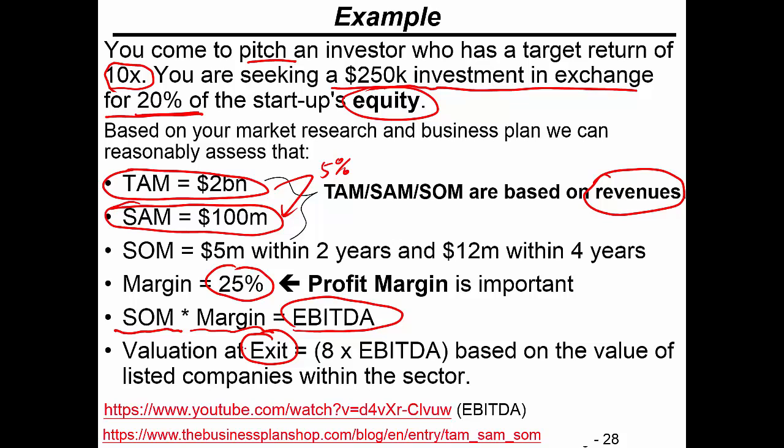Assuming that for similar companies in this particular industry sector, the valuation at the exit is about 8 times the EBITDA. Okay, so we can actually calculate the valuation of the company based on the EBITDA. Got it?